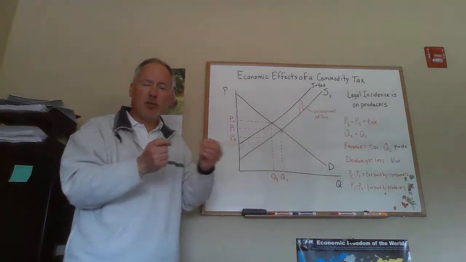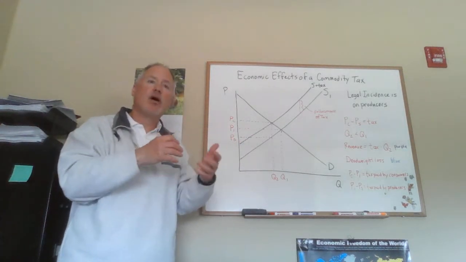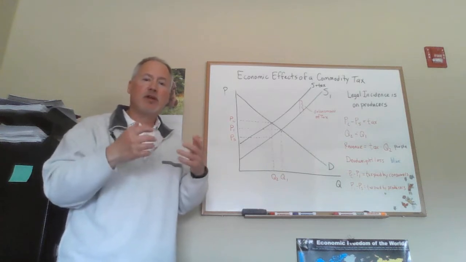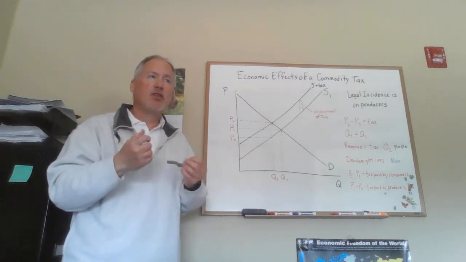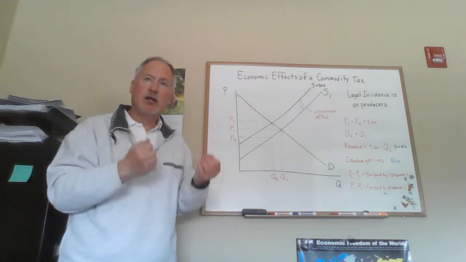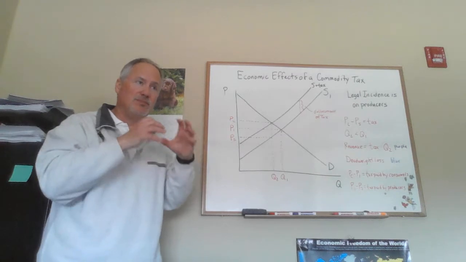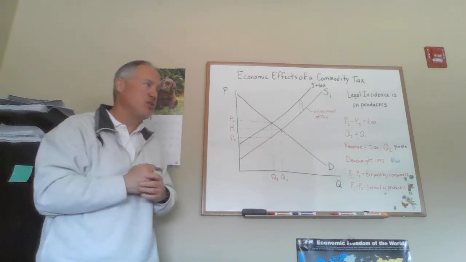That's the comparison we're going to use to say what the economic effects of the tax are. How does a tax change the equilibrium in the market? That gives us a way to break this down and be very specific about it.